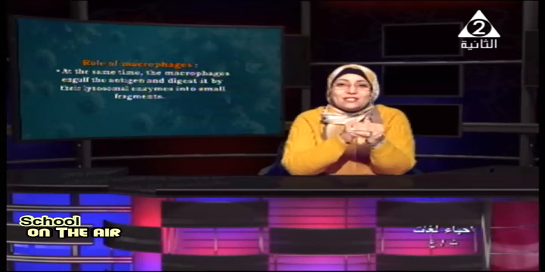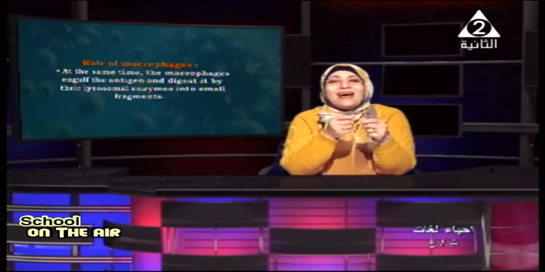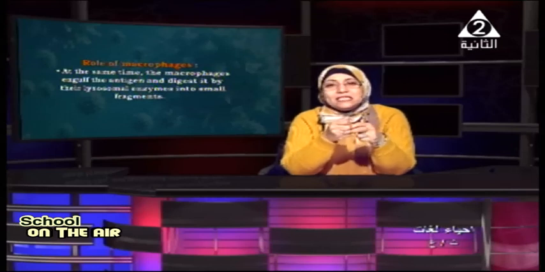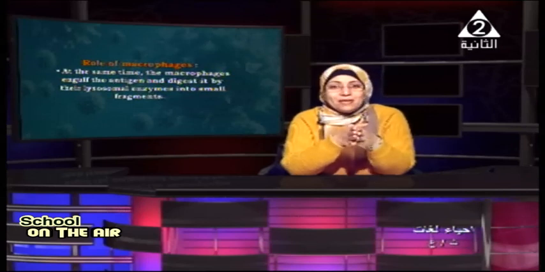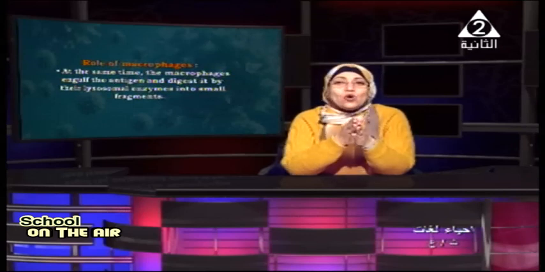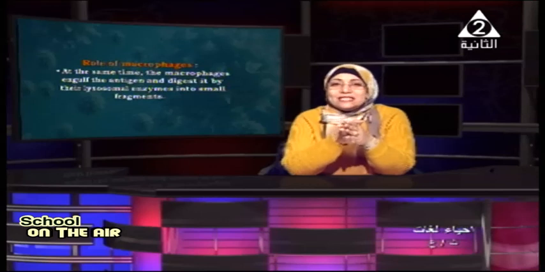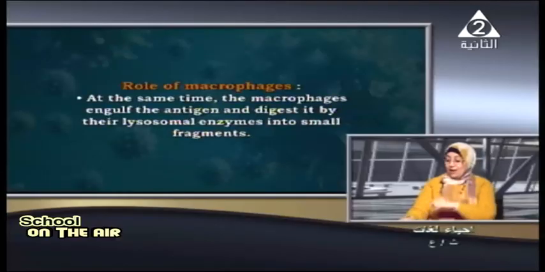These lysosomes contain digestive enzymes which digest the engulfed microbe and kill it, meaning lysis. After that it changes into small fragments, which may leave the body with excretory substances or through the kidney, or be stored until completely digested.